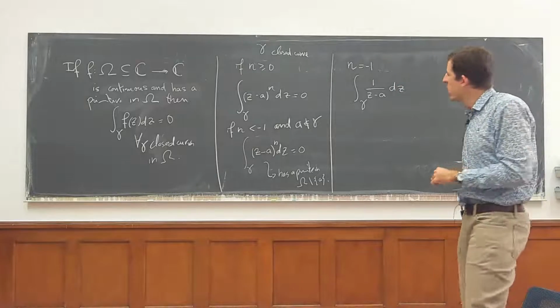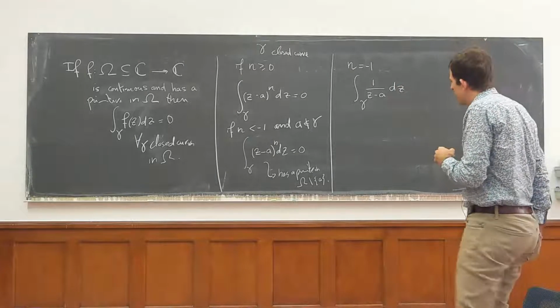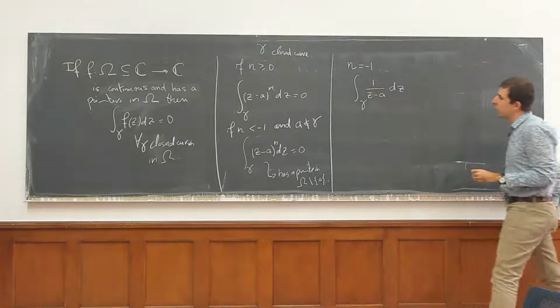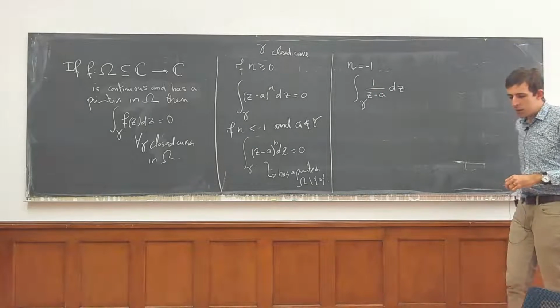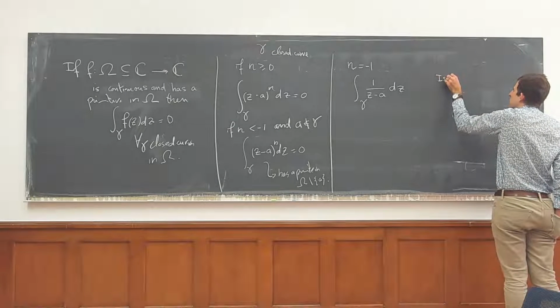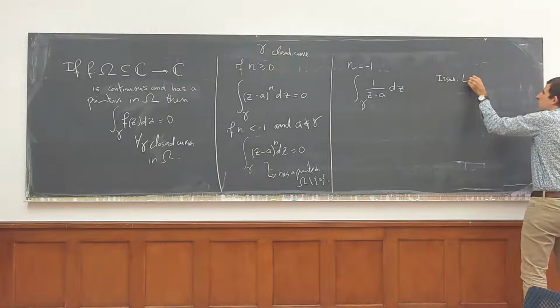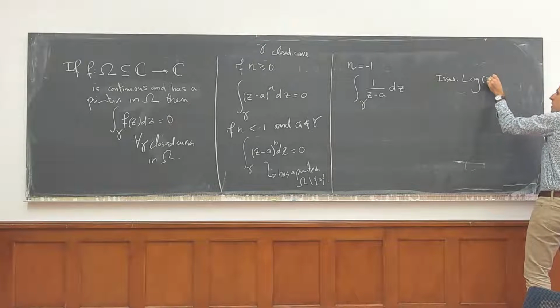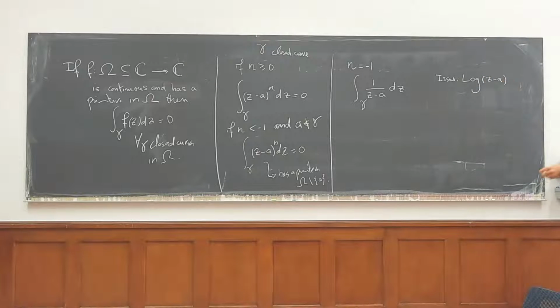The problem here is that the primitive of this, which is just log of (z minus a), is not single valued.